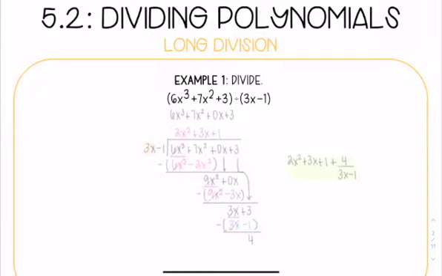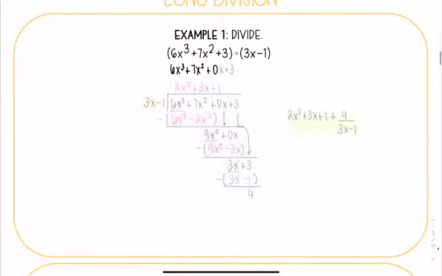The first thing we want to do when we're considering long division with polynomials is to consider any missing terms. So for example number 1, in 6x cubed plus 7x squared plus 3, we're missing the x term. So we can always just rewrite this as 6x cubed plus 7x squared plus 0x plus 3.